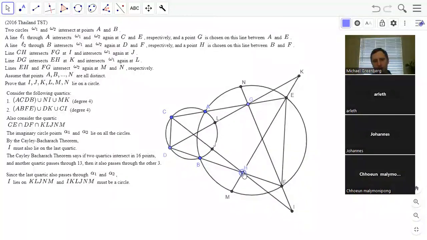Maybe it feels like it's just projective geometry or something. So we're projecting K, E, H, and something through I onto CE.